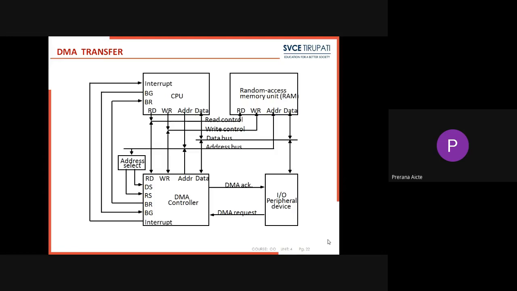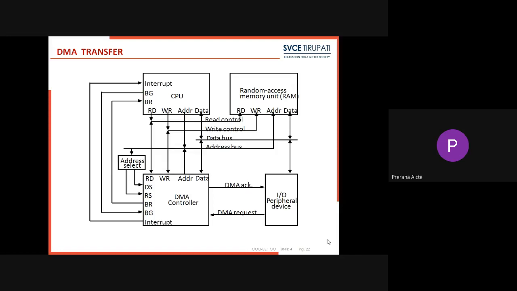When the peripheral device receives the DMA acknowledgement, it puts a word in the data bus for write operation or receives a word from the data bus for read operation.